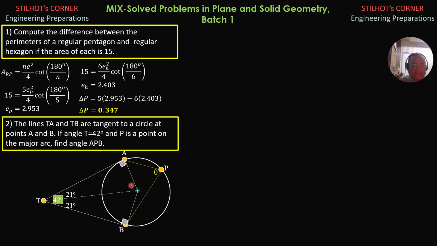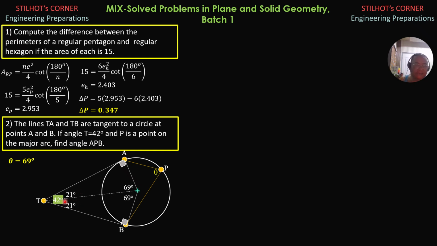So the measure of this angle is 90 degrees minus 21 degrees, so 69 degrees. And therefore, this theta is half of 2 times 69 degrees. So theta is 69 degrees, obviously.